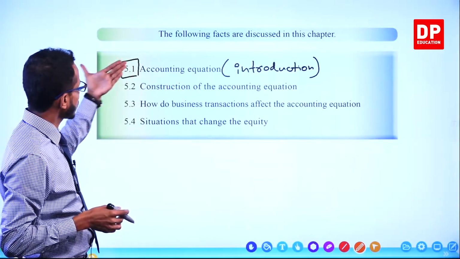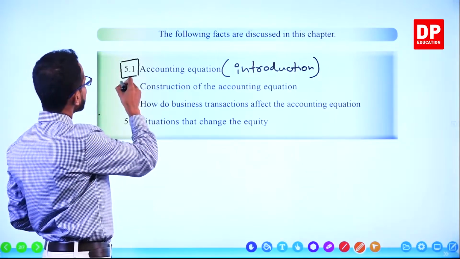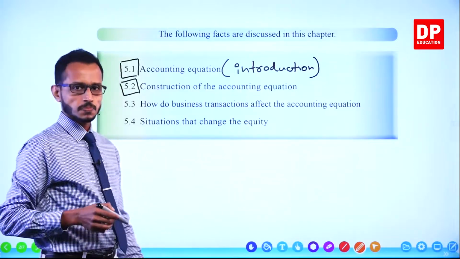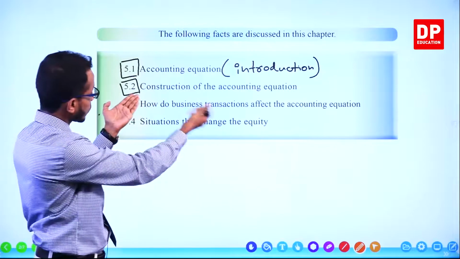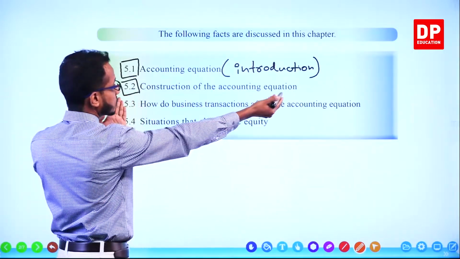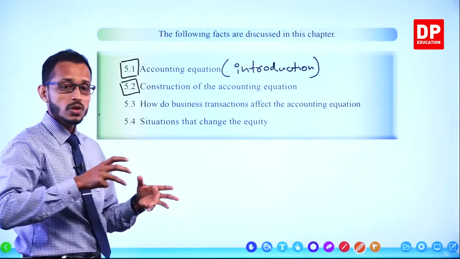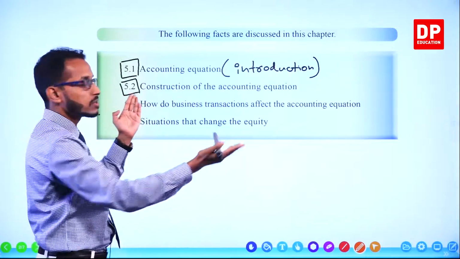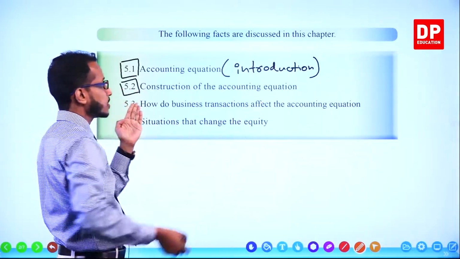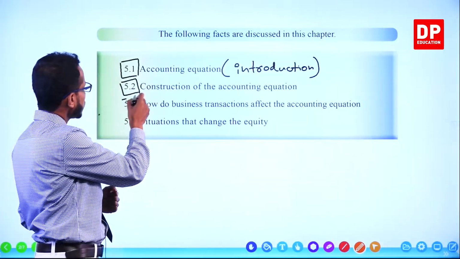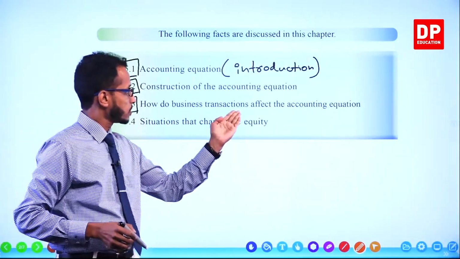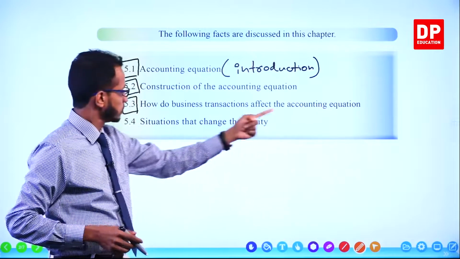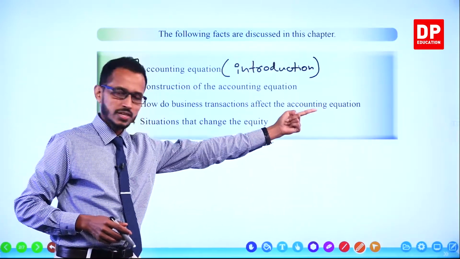Next we have 5.2, construction of the accounting equation: how to construct, how to develop the accounting equation step by step. We are going to learn that in 5.2. And the next subtopic, 5.3, how do business transactions affect the accounting equation?